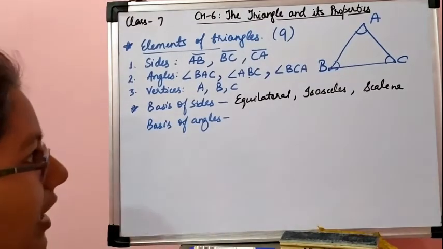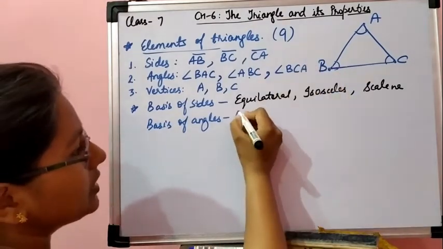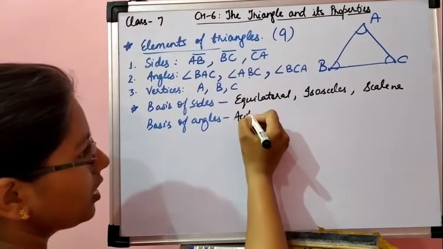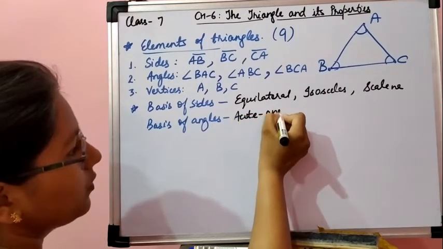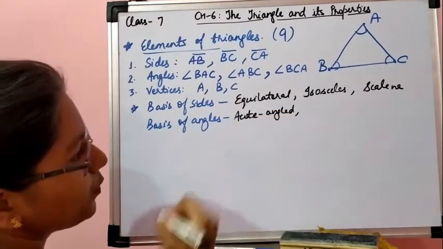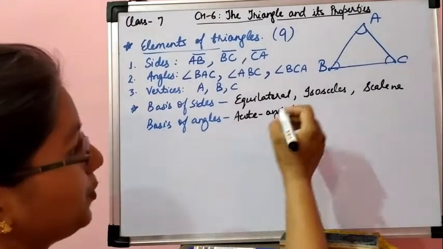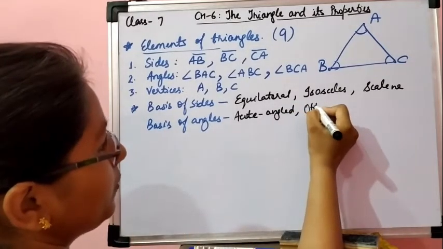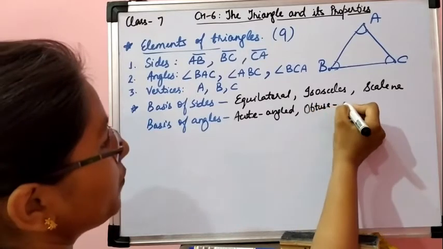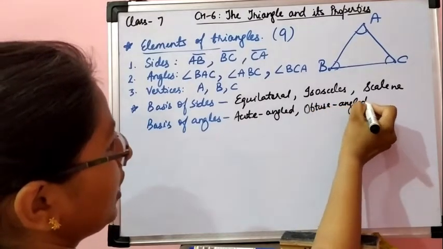Similarly on the basis of angles, if all the 3 angles are acute, then it will be an acute angled triangle. If one angle is obtuse, only one angle, then it will be an obtuse angled triangle.